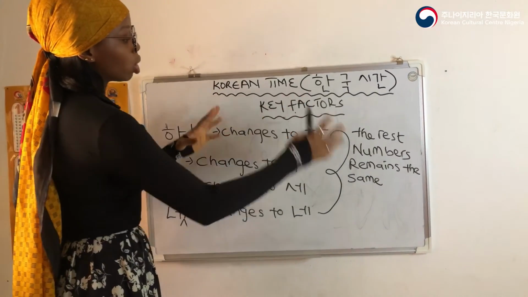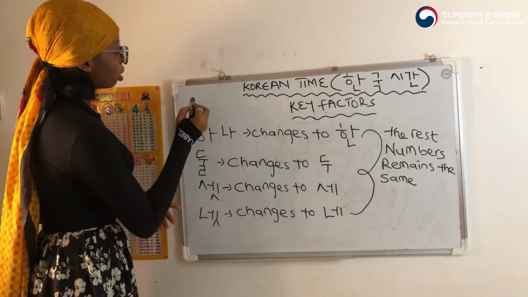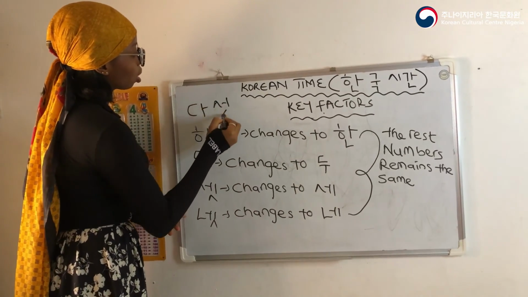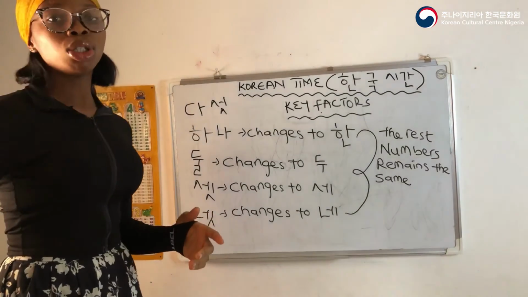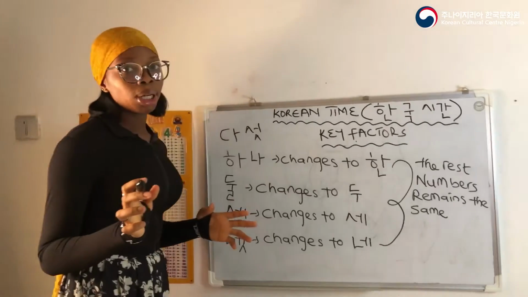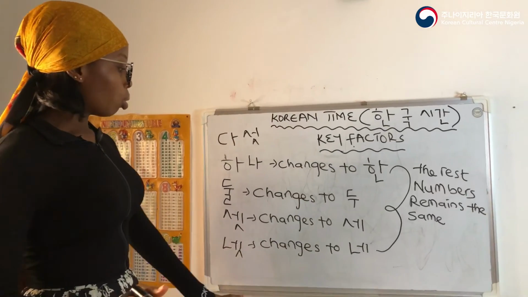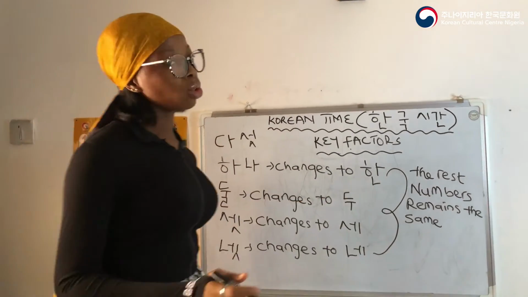Now, this rule is only applicable to the first four native numbers, but the Daseot, Yeoseot, Ilgop, Yeodeol, and the rest of them remain the same. And also the Sino numbers remain the same. It's just the first four native Korean numbers that change when a counting unit is attached.